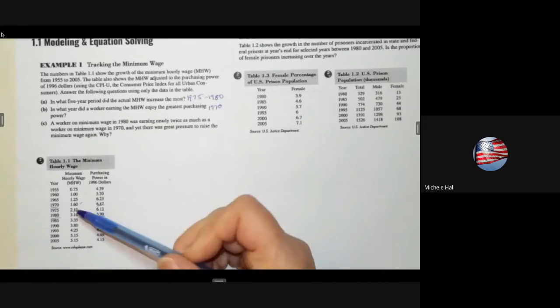Well, wages are going up, purchasing power is going down. You can definitely see inflation in that. Inflation was definitely affecting what was going on in this period of time. That was why, I would say, because of inflation.